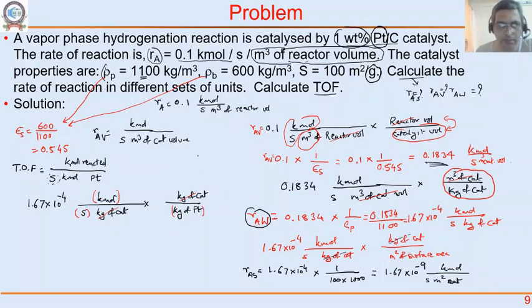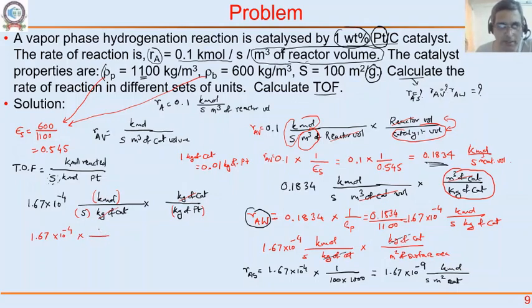Do you see that? If I take 1 kg of catalyst, I am going to get 1%, that means 0.01 kg of platinum, isn't it? So 1.67 into 10 raised to minus 4 is kilomole per second per kg of catalyst.